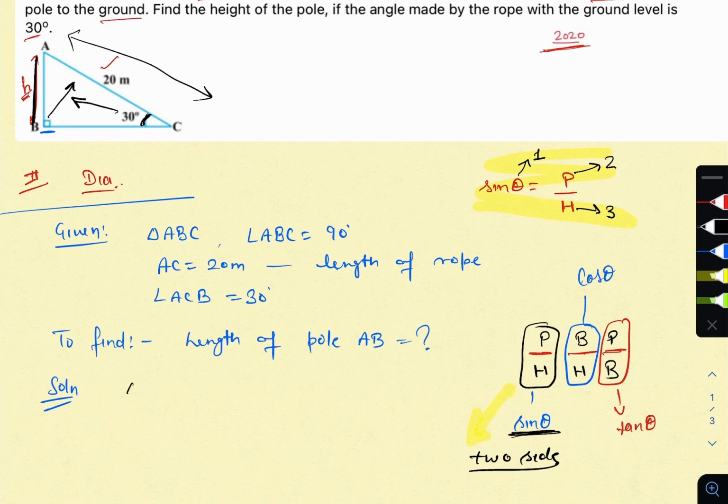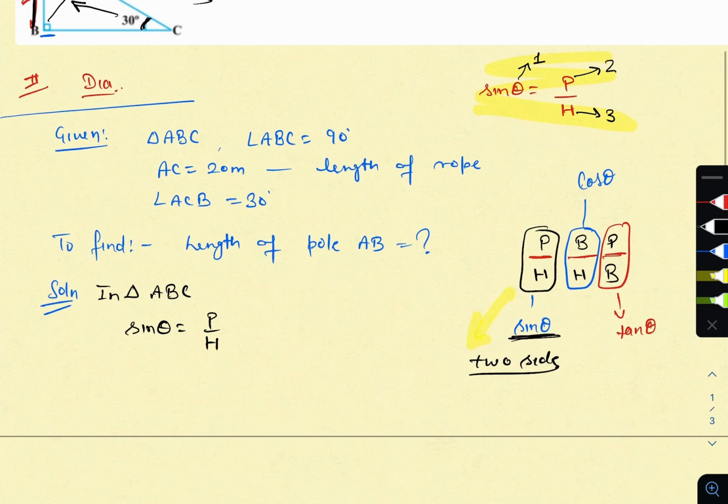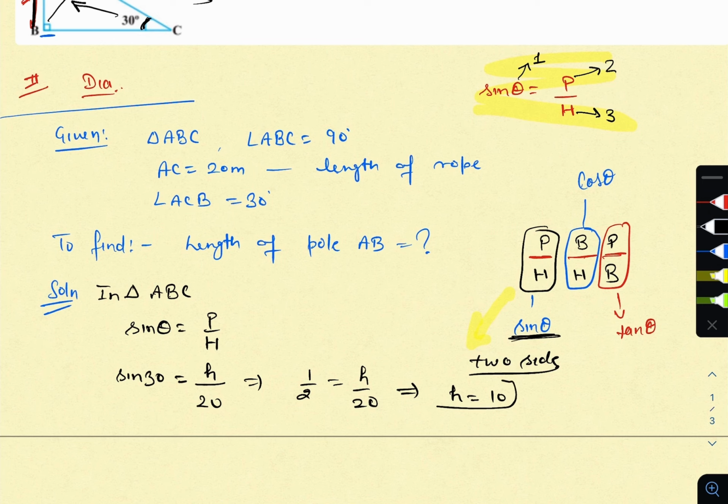Just write, in triangle ABC, sin theta is equal to perpendicular upon hypotenuse. Put the value of theta, that is 30, equal to perpendicular, that is h, upon hypotenuse, which is given as 20. So sin 30 is how much? 1 by 2 is equal to h by 20. From here we get h is equal to 10.